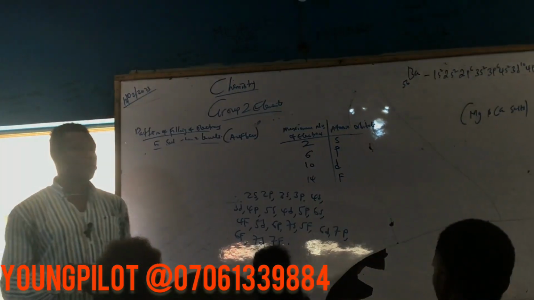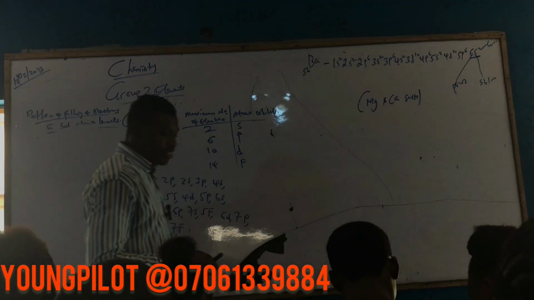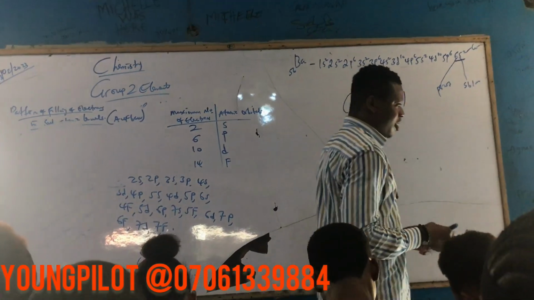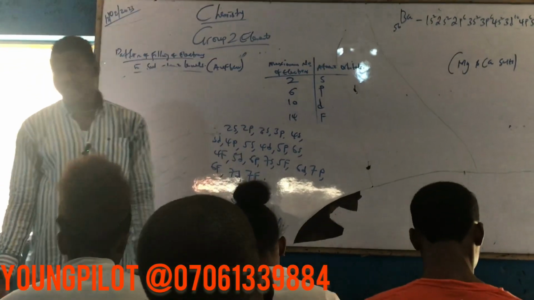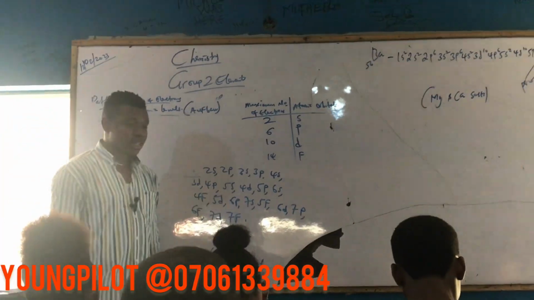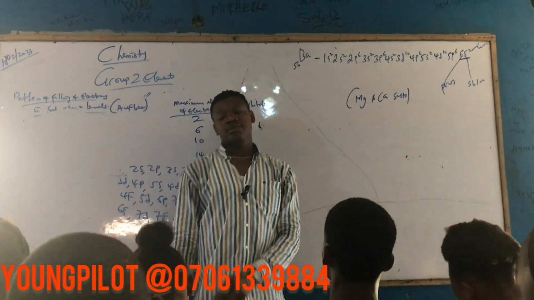And this hardness could be temporary or permanent. This can be a question in JAMB: which of these elements causes hardness in water? The answer is magnesium or calcium salts.